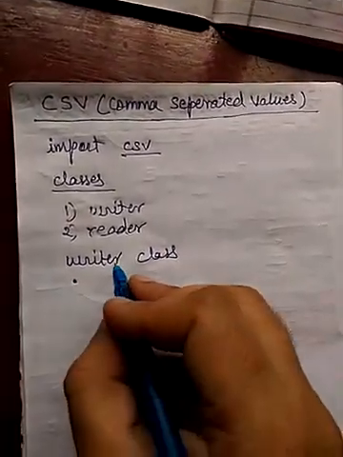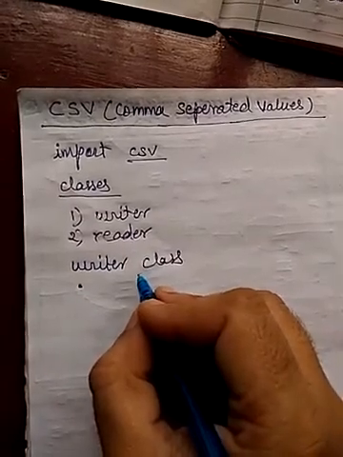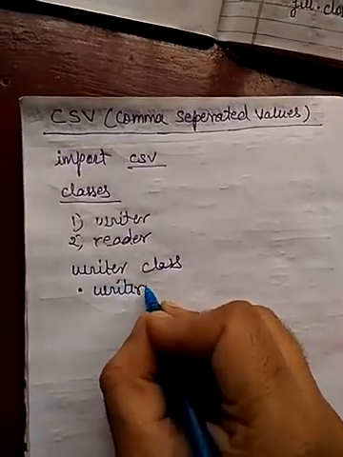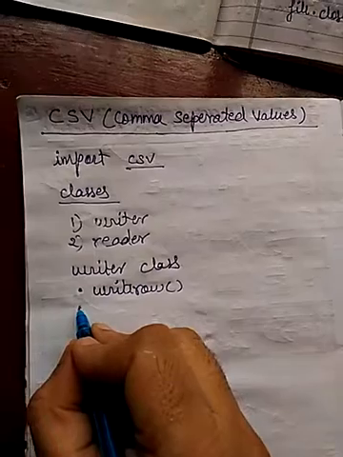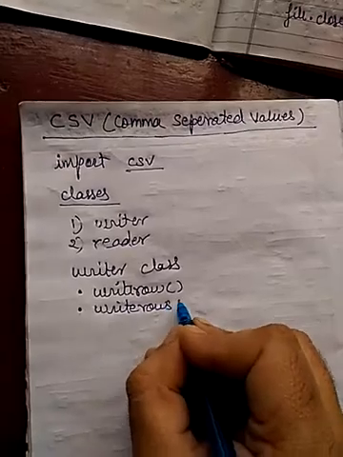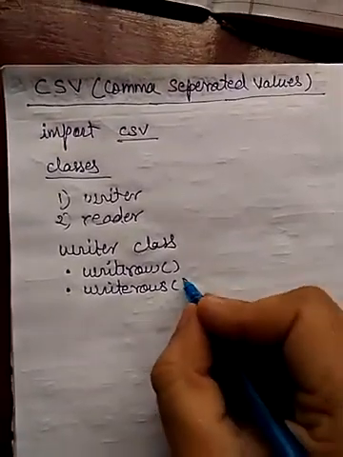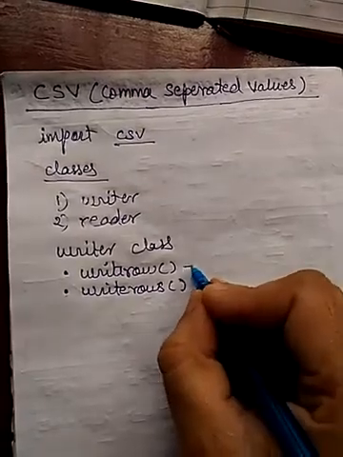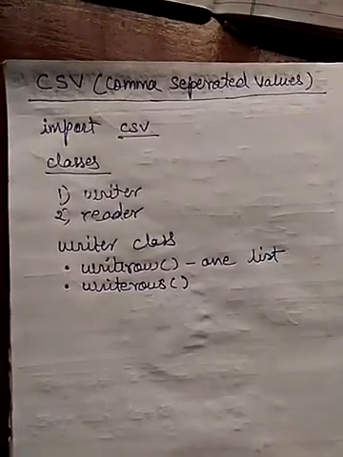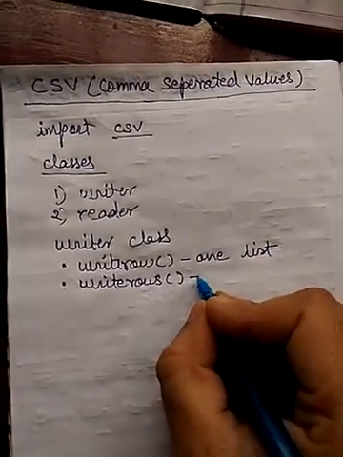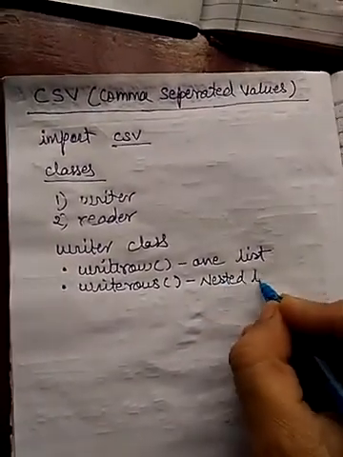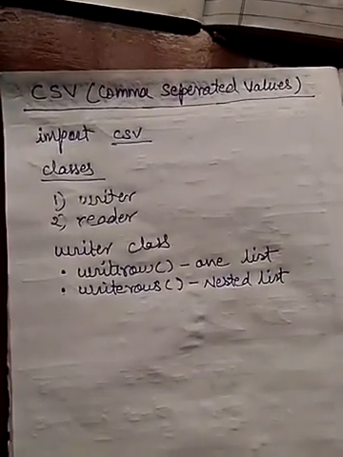Writer class contains two functions to write text in the CSV file. One is writerow, another is writerows. Writerow is the function which is used to write one list in the CSV file, and writerows is a function which is used to write nested list in CSV file.